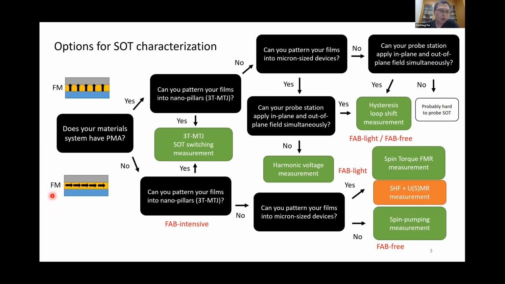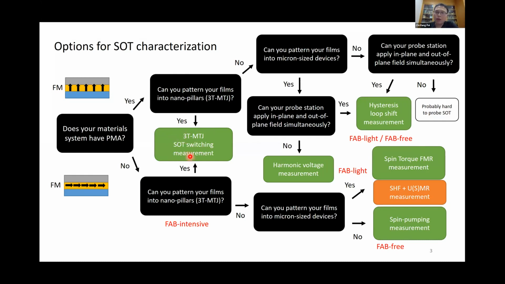And if you want to characterize SOT from films with the ferromagnetic layer being in-plane magnetized, then you have to go from this path. The first question that we encounter is whether or not you can pattern your films into nanopillars. If you can make those films into 3-terminal magnetic tunnel junctions and you can measure TMR, tunneling magnetoresistance, then you can directly pattern them into nano-sized devices and measure the spin orbital switching.